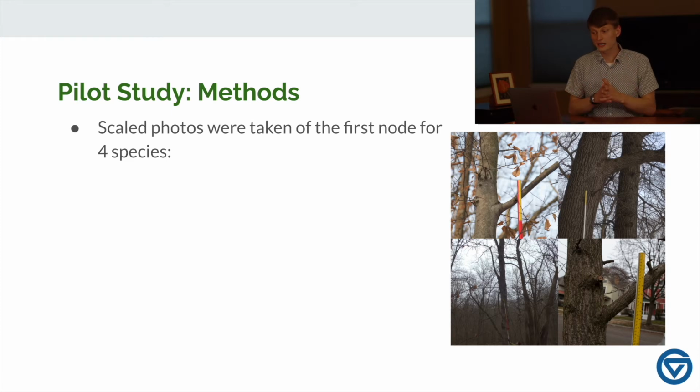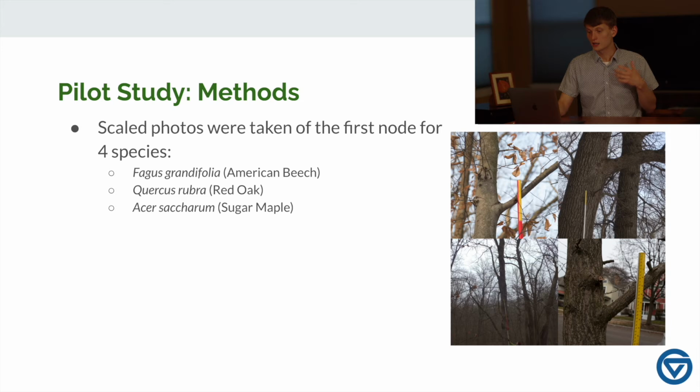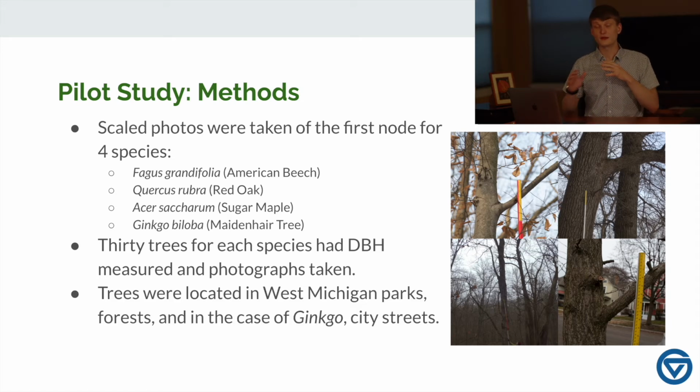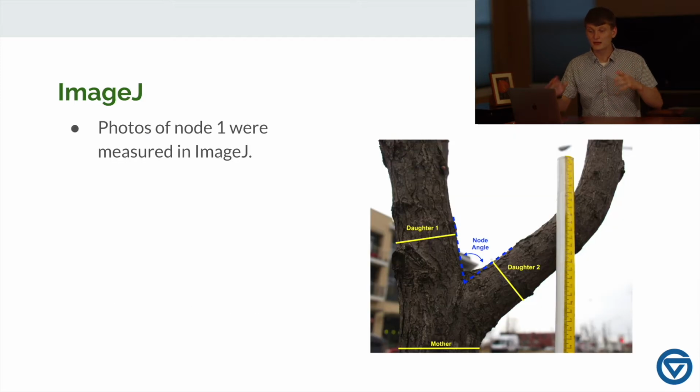We took scaled photographs of the first node, the first branching point, for 4 species: Ficus grandifolia, Quercus rubra, Acer saccharum, and Ginkgo biloba, with 30 trees for each species. We measured their DBH and took photographs. All these trees were located in West Michigan parks, forests, and in the case of ginkgo, on the city streets of Grand Rapids. Then in ImageJ, we measured the characteristics of node 1.